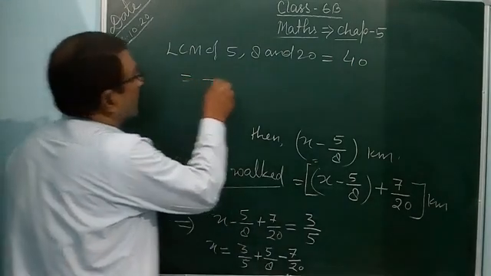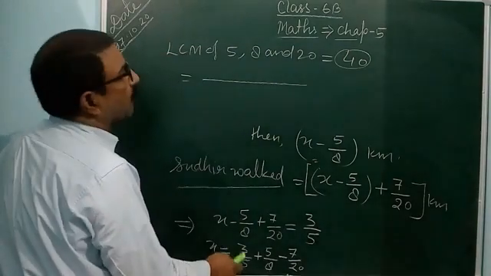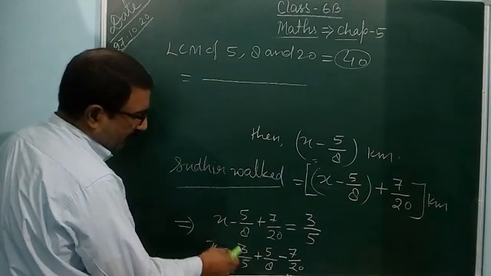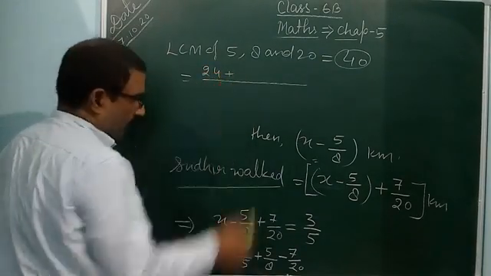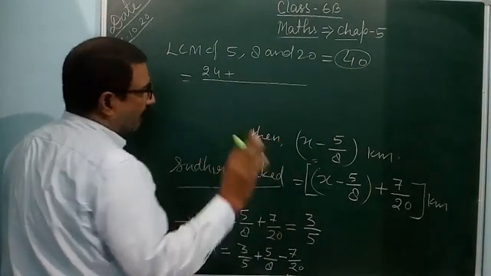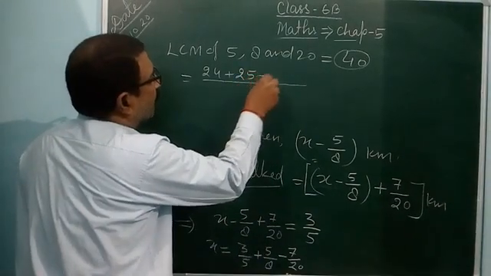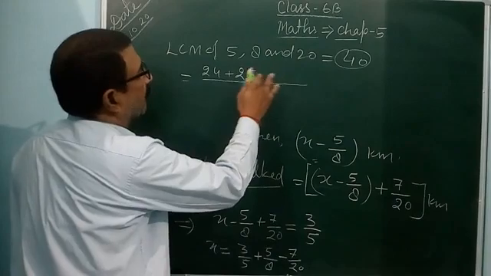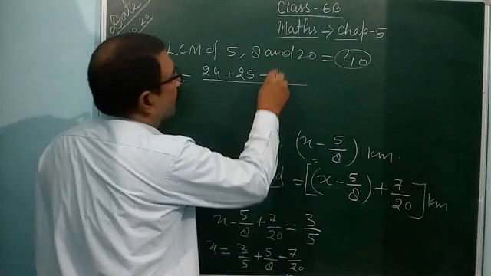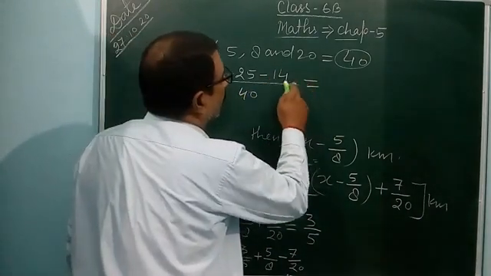After that, you divide this LCM 40 by 5. 5 times 8 is 40, so 8 times goes, you multiply 8 into 3, which is 24. Plus 40 divided by 8: 8 times 5 is 40, 5 times goes, 5 multiplied by 5, 25 will come. And here minus: 20 times 2 is 40, 2 times goes, so 7 times 2 is 14. And 40 is the LCM.